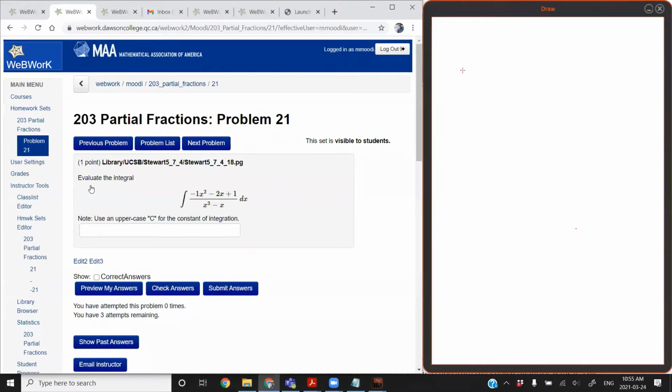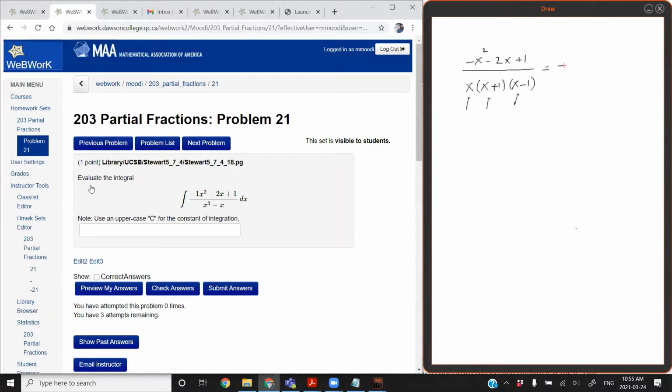Yeah, it'd be x and then x plus 1, x minus 1. Very good. Then it would be what case? Case 1, case 2, or case 3? Case 1. Very good, because you have 1, 2, 3 distinct linear factors.